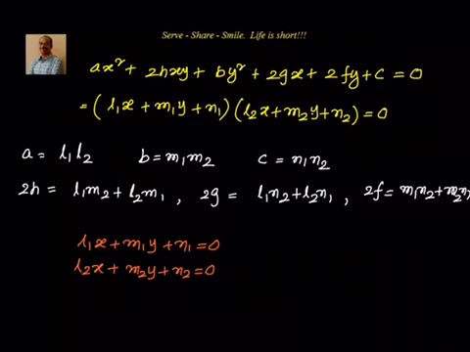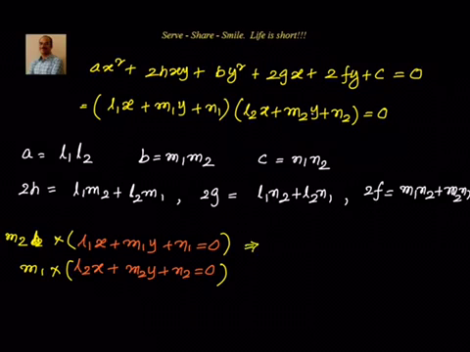Now we want to find the x value. Let us say I will do it for x; you can do the same thing for y. To find the x value, I have to cancel the y terms. So I will multiply the first equation with M2 and the second equation with M1. Let us see what happens now.